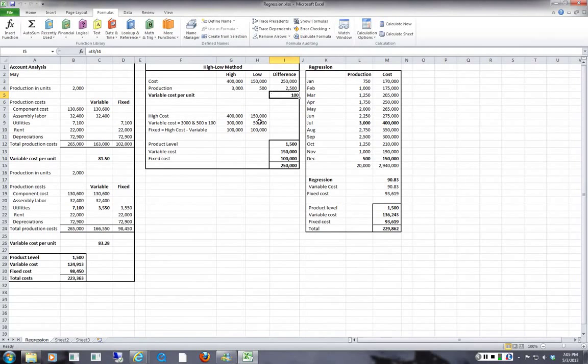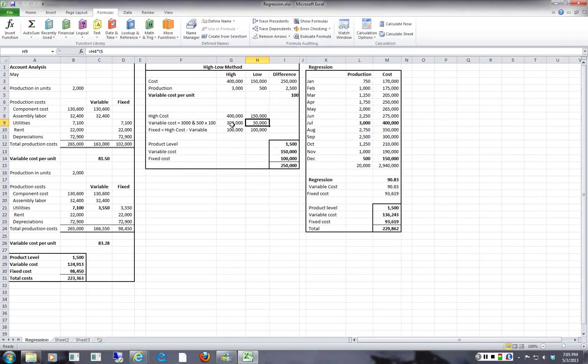So now we've got our unit cost, but now we've got to find our fixed cost. We come down here. We've got our high cost and the low cost. And for the variable cost, we want to know what it is for 3,000 units and 500 units times 100. So we take the 3,000 and multiply that by 100, and we get 300,000. We take the 500 units and multiply that by 100 and we get 50,000.